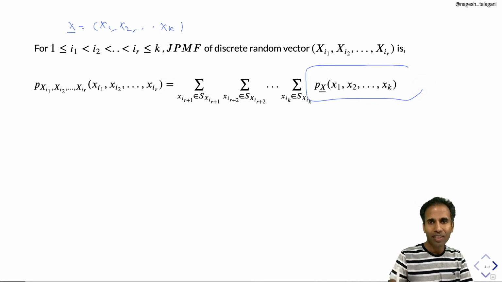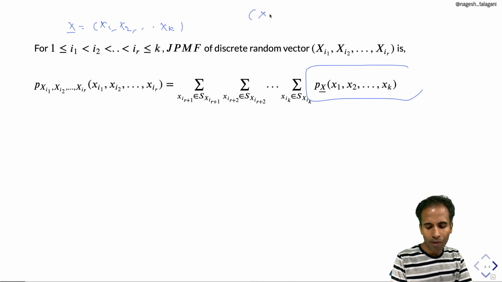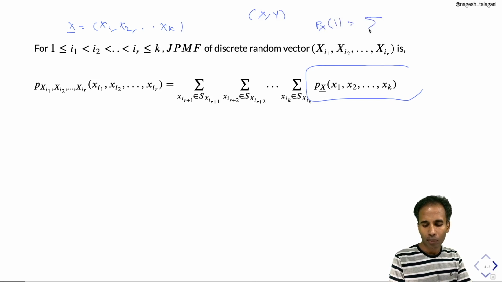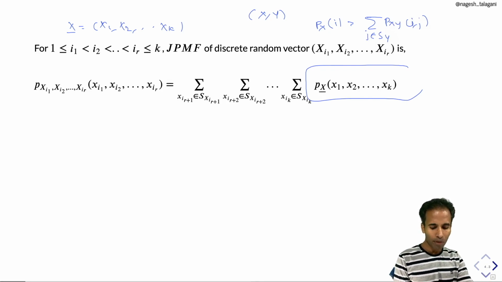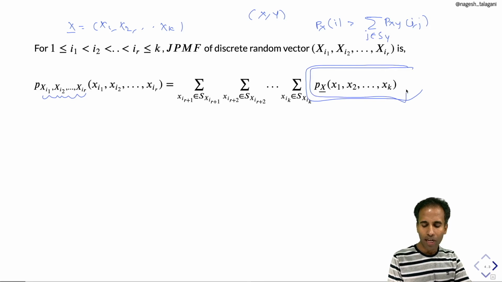It is just a generalization of what we did in the bivariate case. If you have a bivariate random variable (X, Y) and you want the PMF of X, you sum up the joint PMF values over the support of the remaining variable. Here also, to get the joint PMF of X_i1, X_i2, ..., X_ir, we are summing up the joint PMF values over the support of the remaining variables.